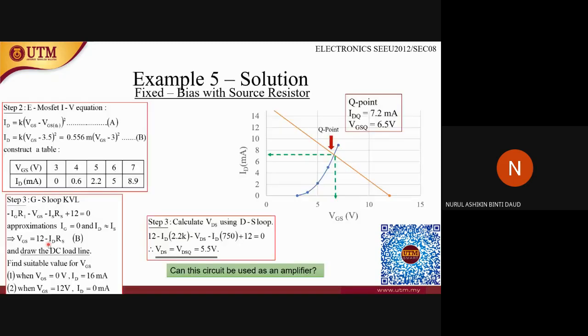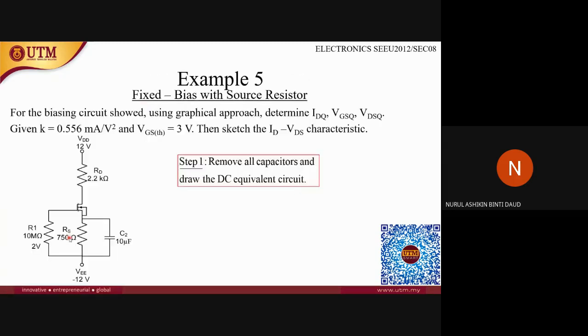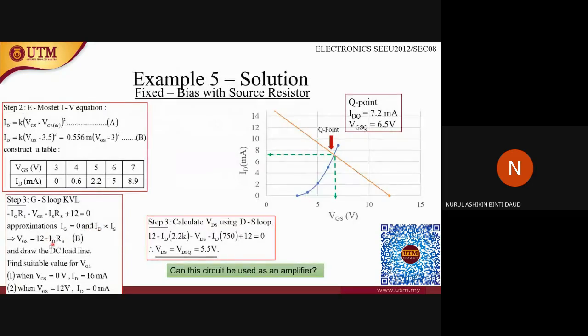From here, you can find the DC load line by assuming that VGS equals 0 and ID equals 0. So you will get two intersections, and then draw a line across both intersections.